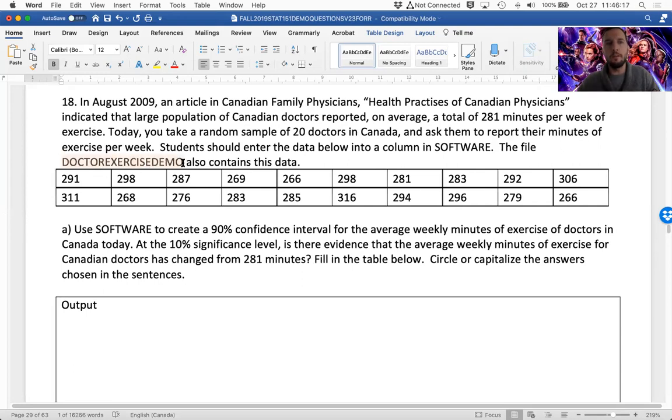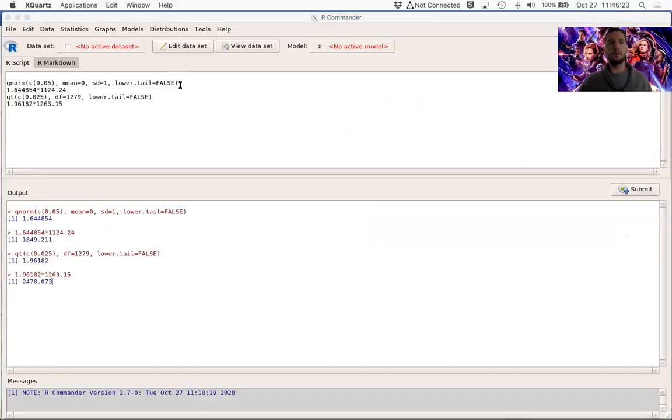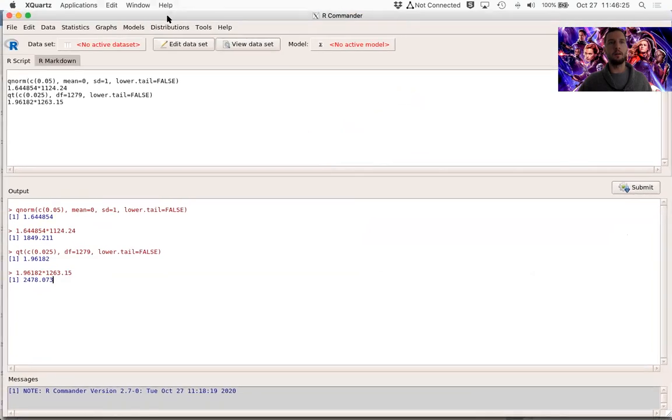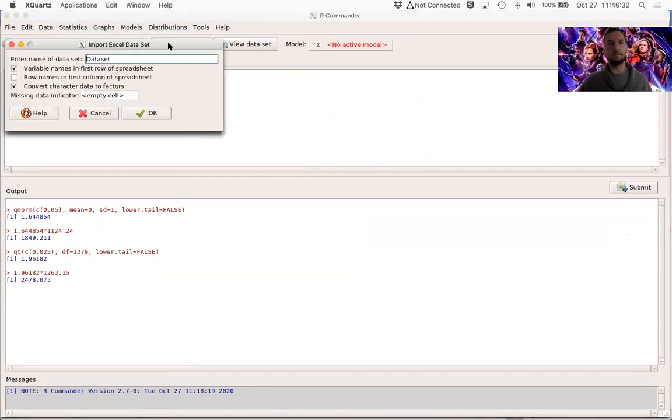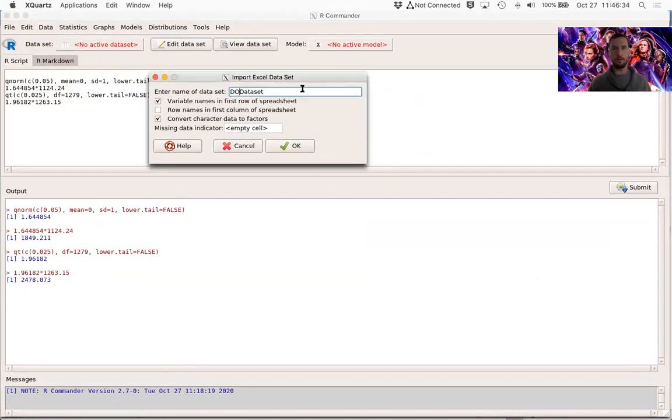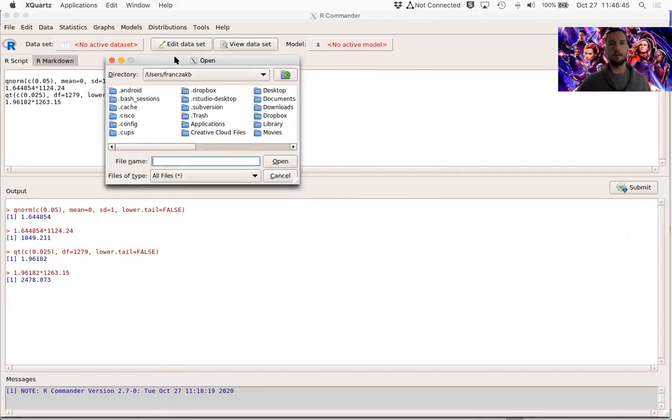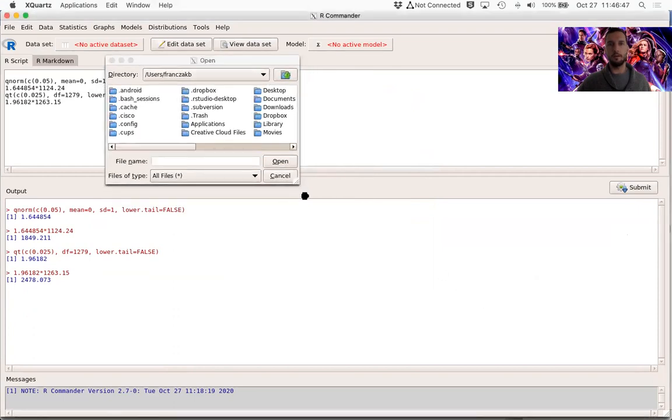Okay, so we're going to be using this doctor exercise demo. So this is the data that's contained in the file. If we go into Rcmdr and then we click data, import from Excel file, this is going to be the doctor data. Click OK. Now I just have to find it on my computer.